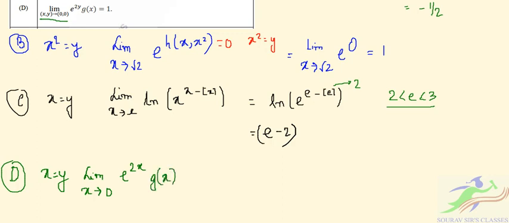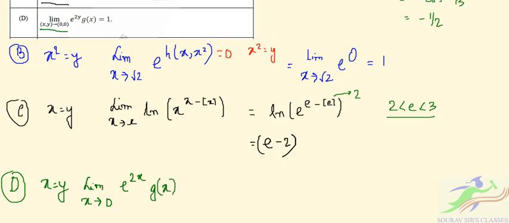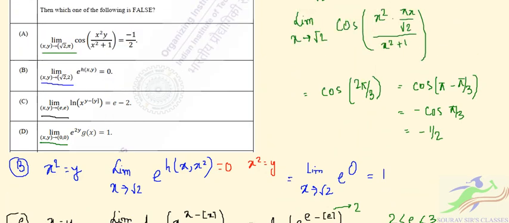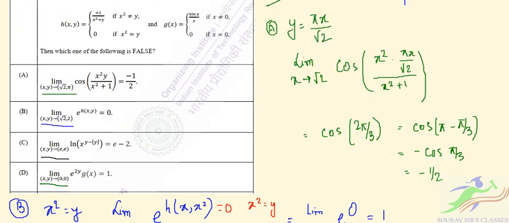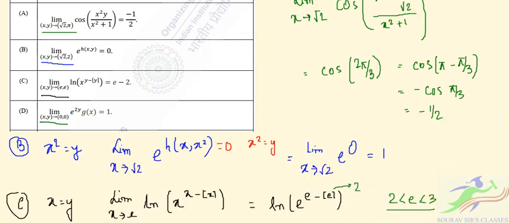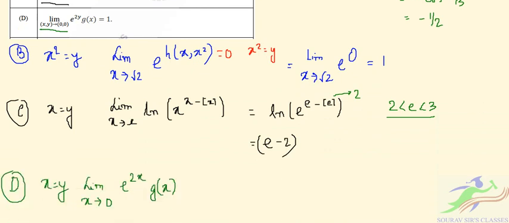Okay, now for g(x) we have these two particular functions over here. So here you can see g(x): when x equal to 0 it is 0, but when x is not equal to 0, means x tends to 0, the value will be sin x by x. So we have to put this value.